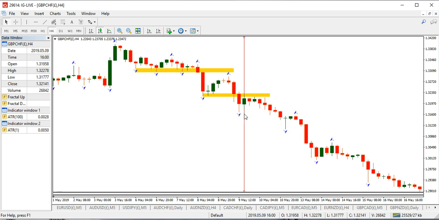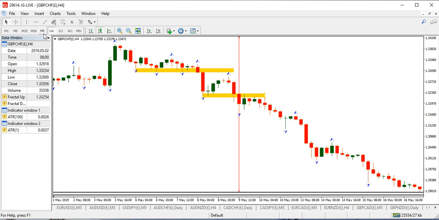I'm just going to move this to one side, so we know what area we're dealing with. Now I'm going to extend it to here because this price action is still very close to the zone.